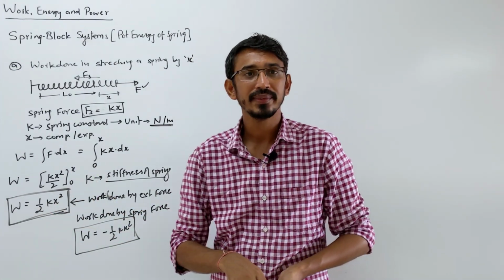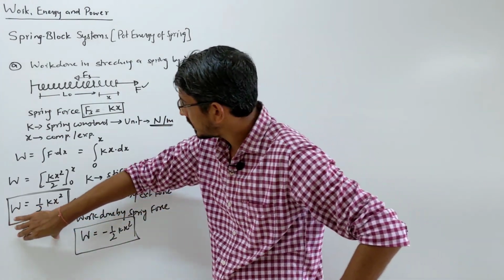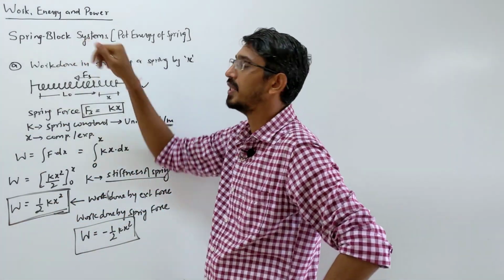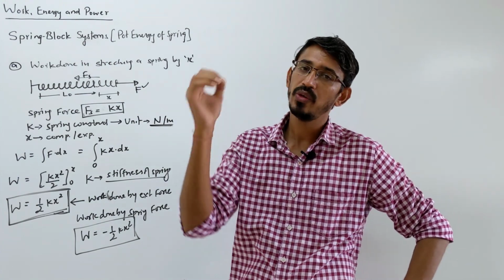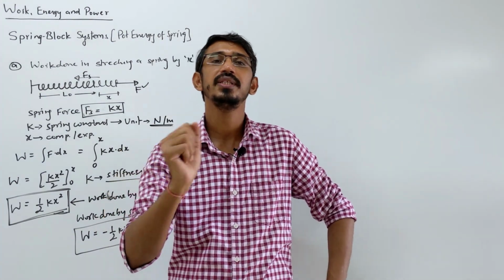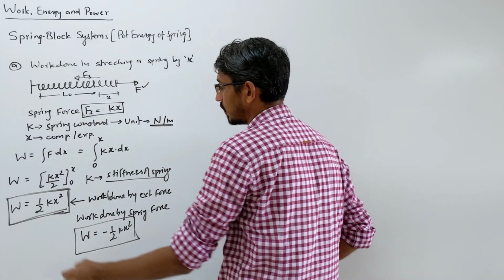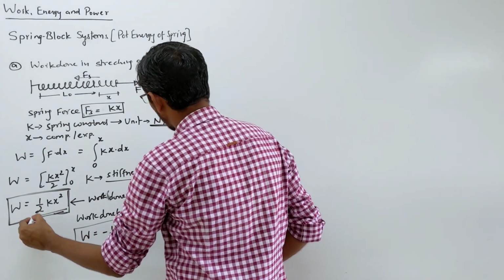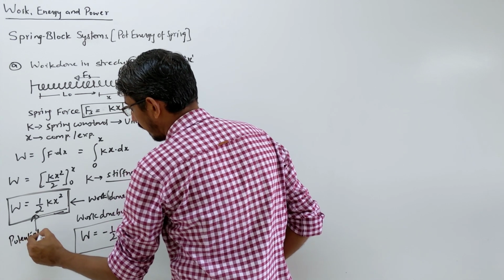Now also we know that work done is simply equal to the change in energy. So this work done is simply equal to the potential energy stored in this spring. When you compress or expand, we do work on that spring, so that work is stored as the potential energy in this spring. If somebody asks what is the potential energy stored in the spring, this itself is the answer.